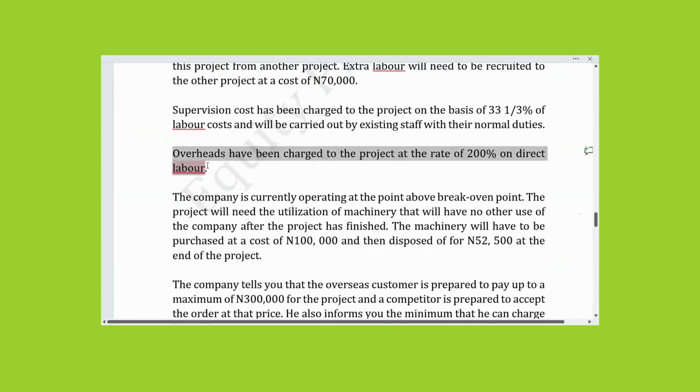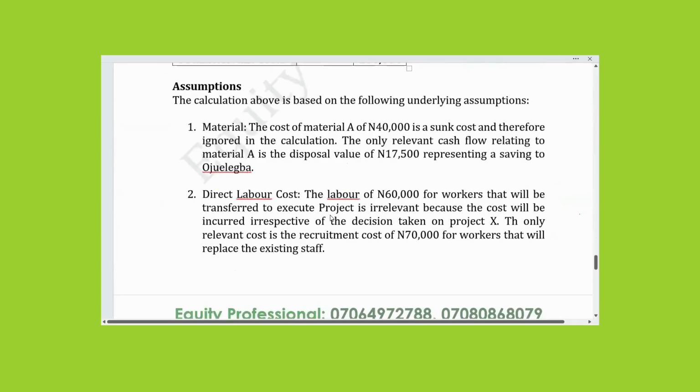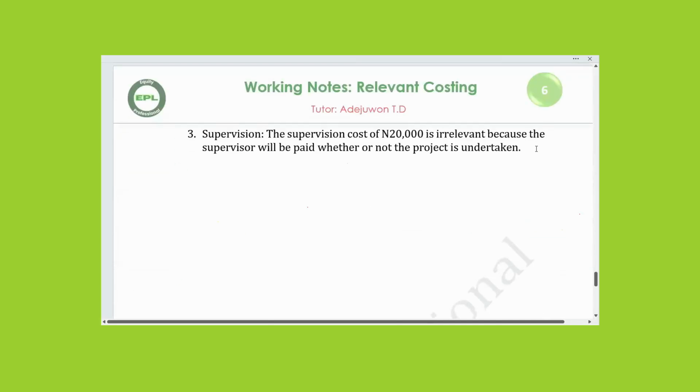overheads. We also said that overhead has been charged to the project at the rate of 200% on direct labor. Okay, overheads. You see the way we are doing it, that's what is expected of you.